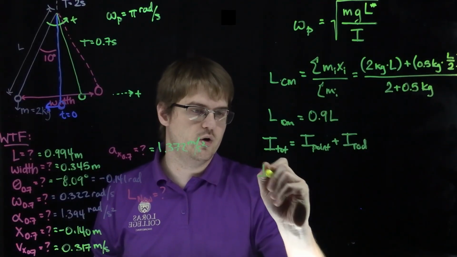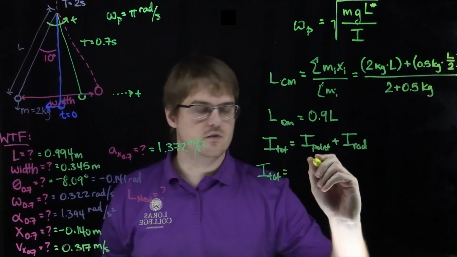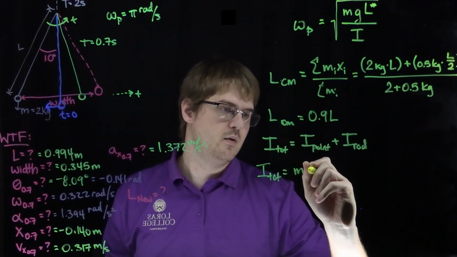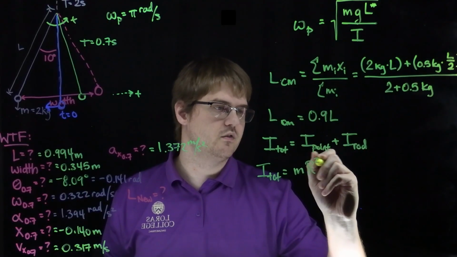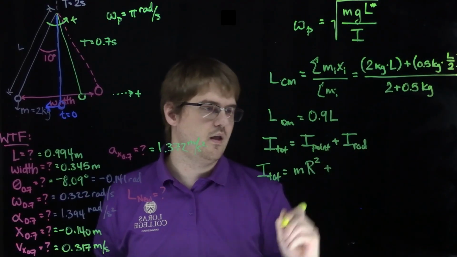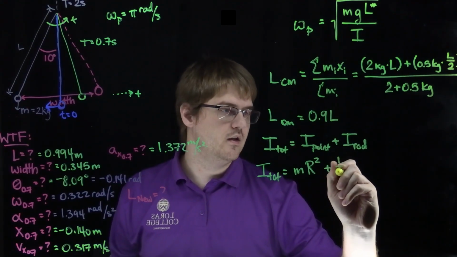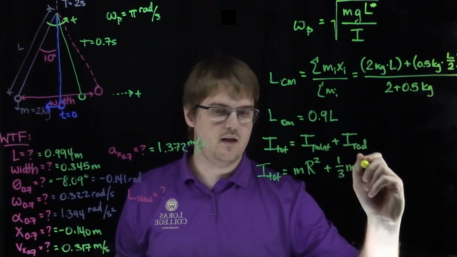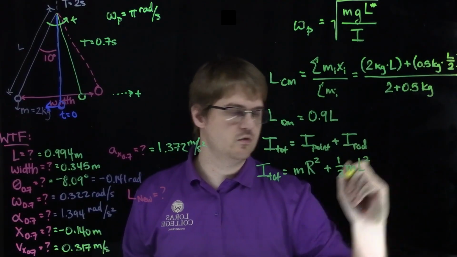So our inertia total, inertia for a point is going to be m times the radius to that point squared. And the inertia for a rod rotating around the end is 1/3 mass times the length of that rod squared.